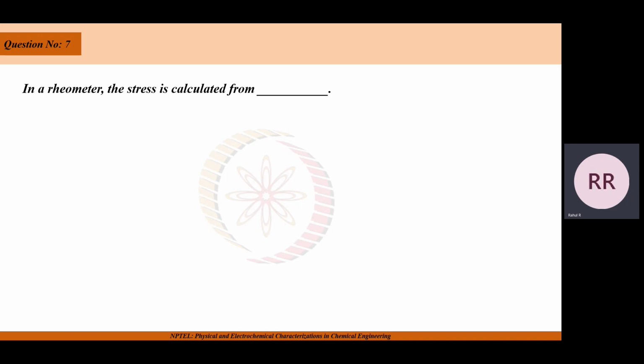The next question is, in a rheometer, the stress is calculated from dash. I'll read the question once again. In a rheometer, the stress is calculated from dash. Think about this for a while, then I'll discuss the answer.